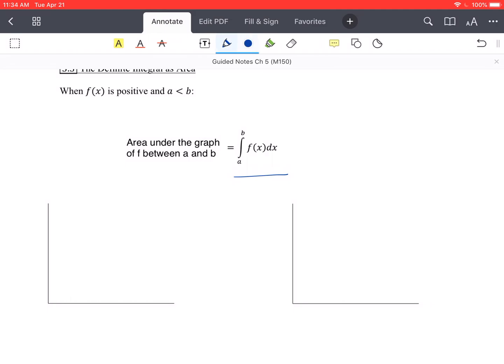So what we've done so far is, if we have our function, looks kind of like this, going from a to b. What we've been doing so far is we've been taking our rectangular approximations. So we've been drawing our rectangles here.